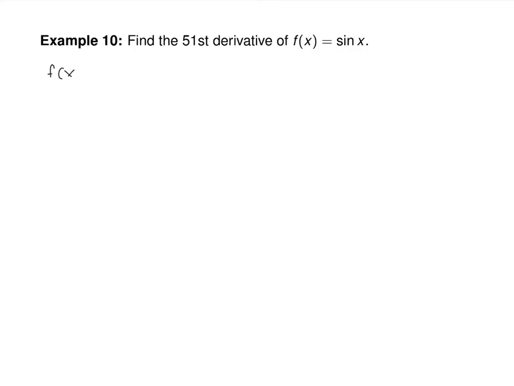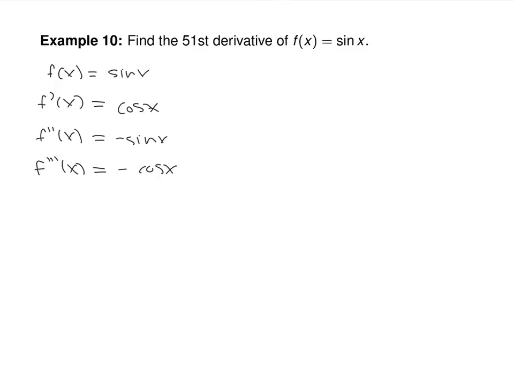The original function is sine. What is the first derivative? Cosine. What is the second derivative? Negative sine. What is the third derivative? Negative cosine, because sine's derivative is cosine.